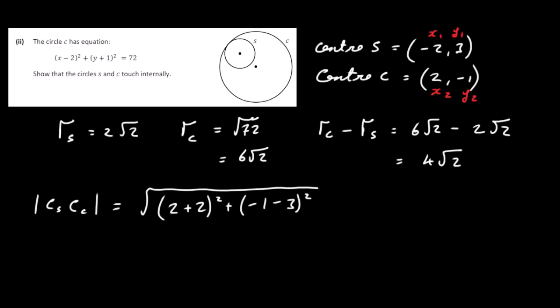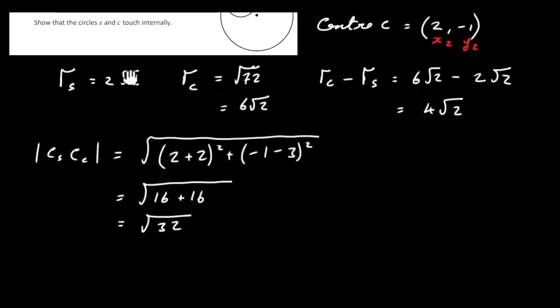When you do that, 2 and 2, 4, 4 squared, 16. Minus 1 minus 3 is minus 4 squared, 16. So that's the square root of 32. Now another way of writing the square root of 32 is 4 root 2.